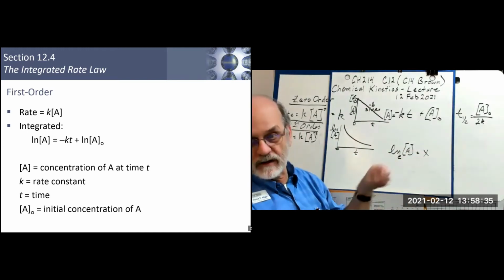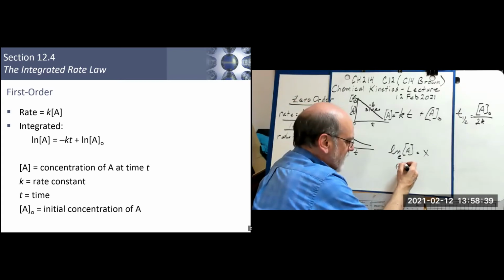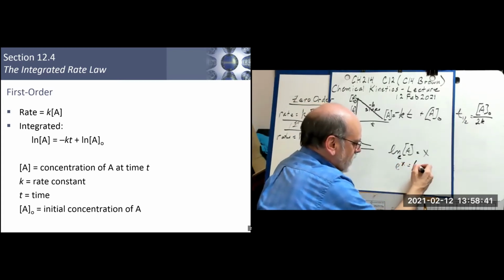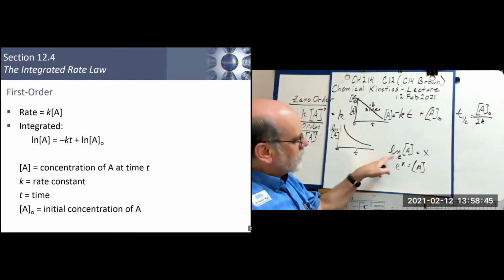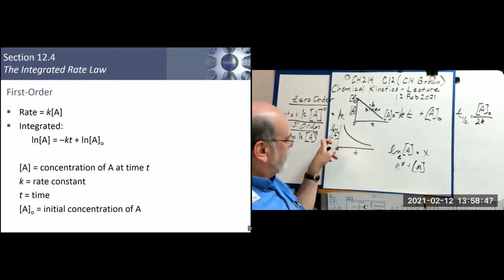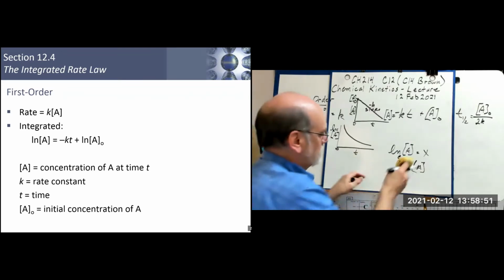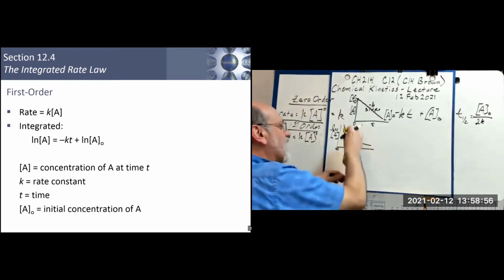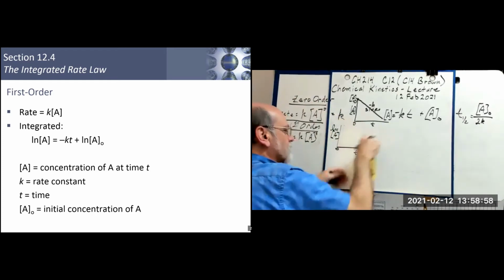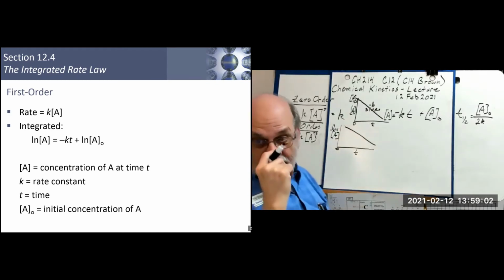It just goes on forever. But this would be E to the X equals that concentration of A. So what we do is take the natural log of A and plot that against the time. So when we do that, now we get a straight line.